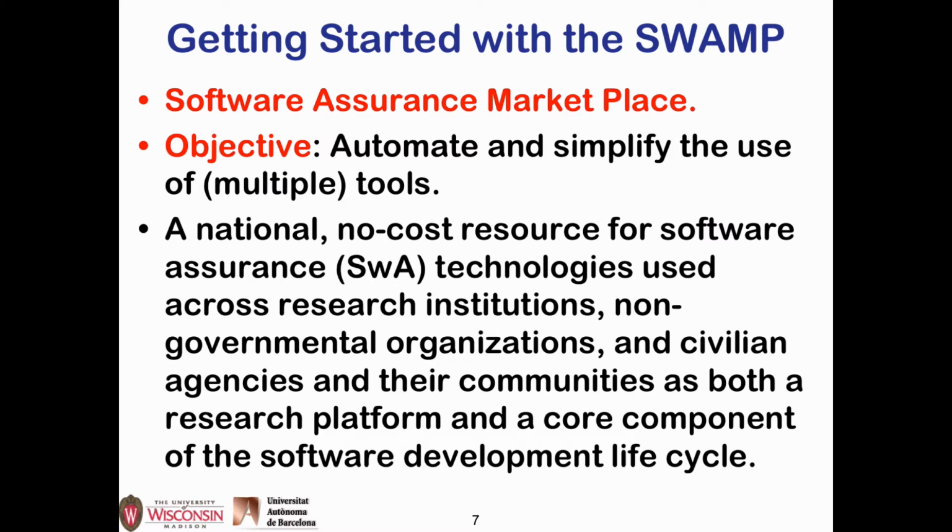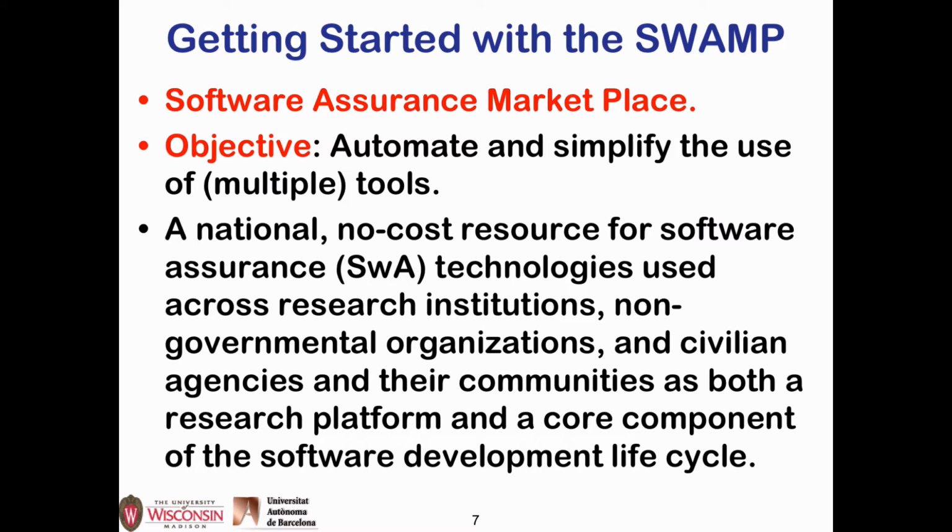Most programmers use at most a single assessment tool, and tool vendors really want you to use only their tool. The goal of the SWAMP is to make it easy for programmers to get the benefit from using multiple tools. The SWAMP is free of charge for all users. In addition, the commercial tools that run in the SWAMP are free to use for research institutions and open source projects.